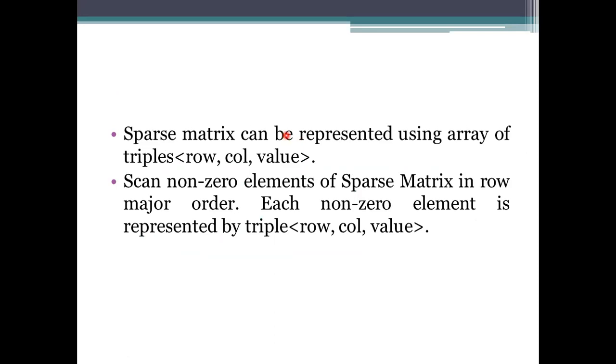As I said, 6 elements, so the count of the elements will be 6. Six spaces will be used for the processing. And in the triplet representation, we store in which row and which column an element resides, and what the value is that resides there.